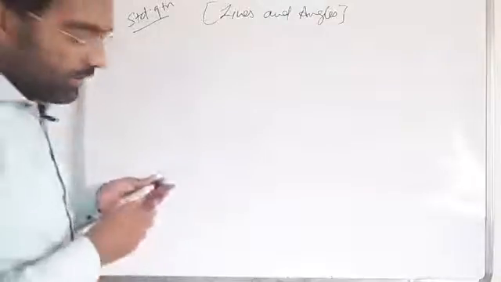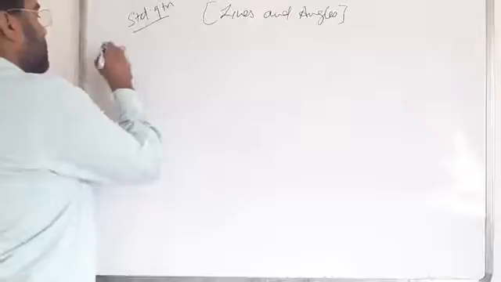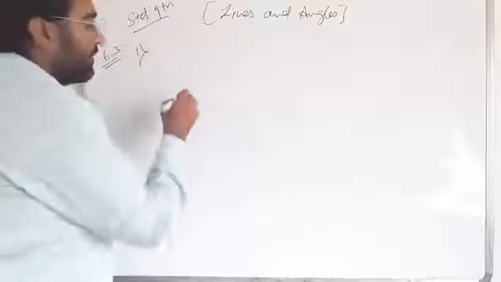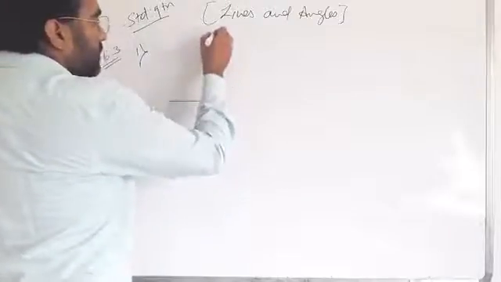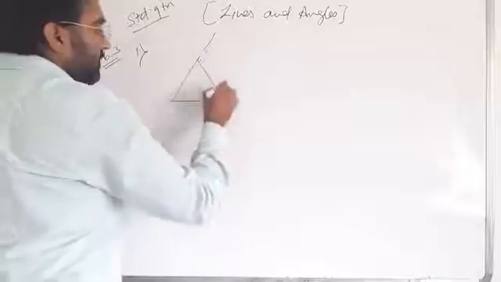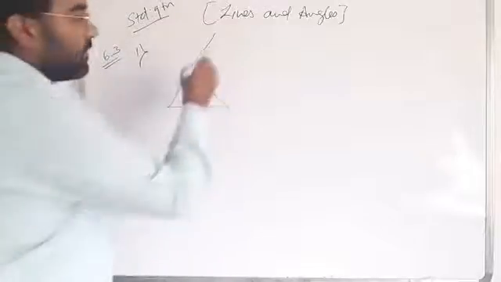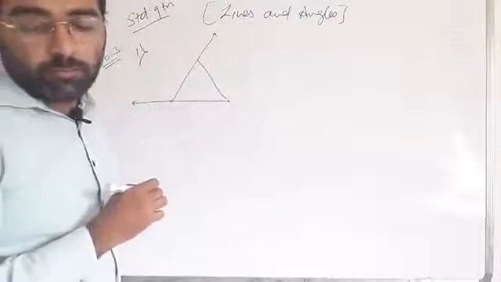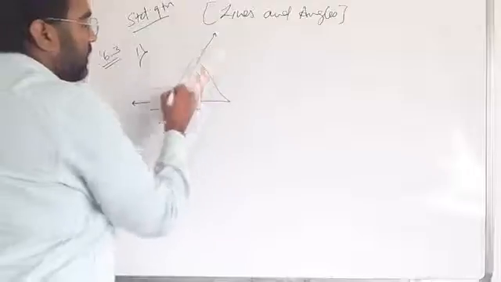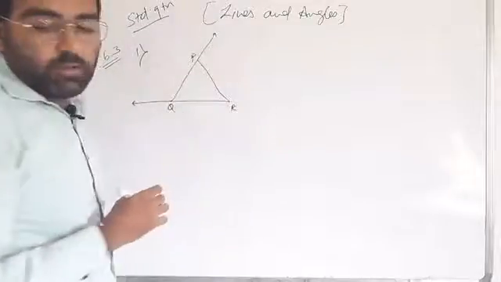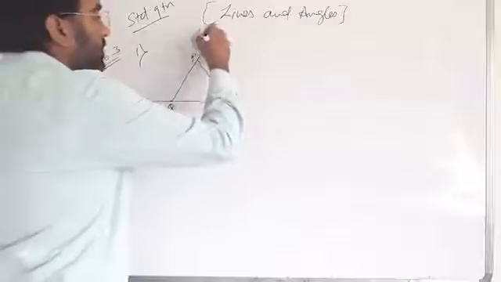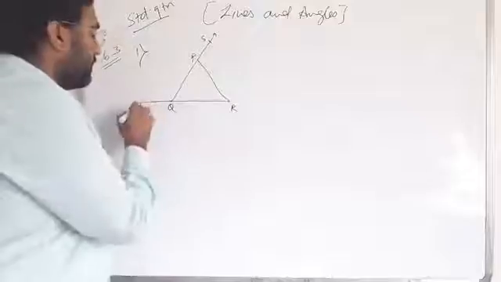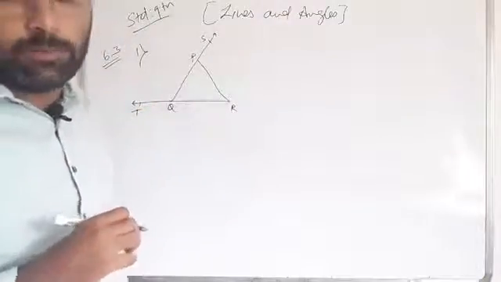Here it is, exercise 6.3, question number 1, and the figure is given like this. My triangle is PQR. PQ is extended to S and RQ is extended to T.